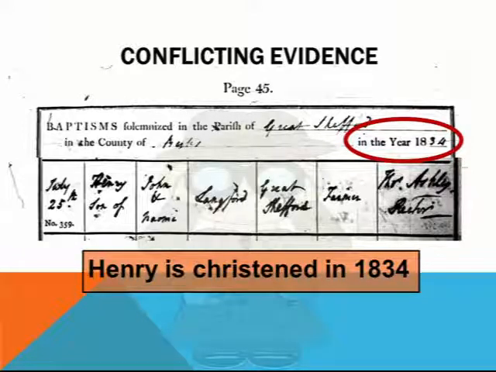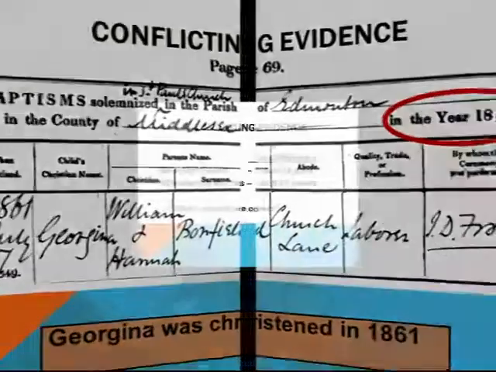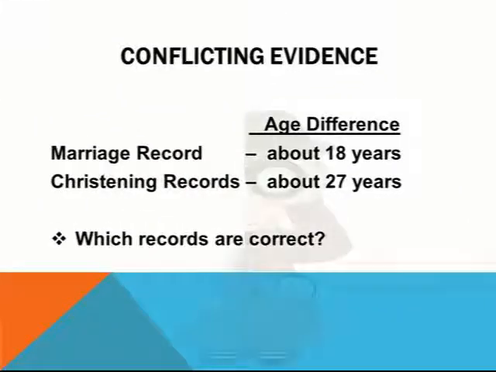Well, let's take a look at this. According to Henry's christening record, he was born in 1834 or earlier. Georgina's christening record shows she was born in 1861 or earlier. Doing the math, we find conflicting evidence.